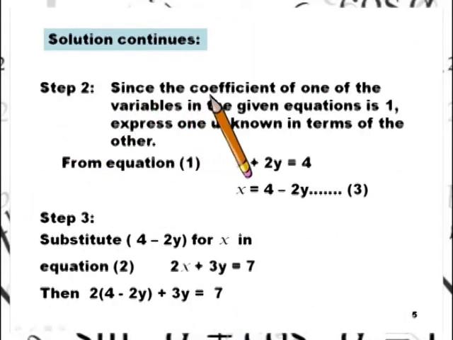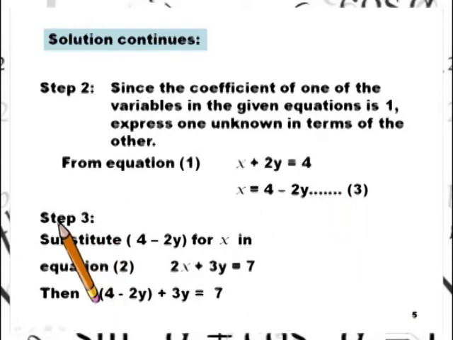Since the coefficient of one of the variables is 1, express one unknown in terms of the other. From equation 1, x plus 2y equals 4, so x equals 4 take 2y, equation 3.